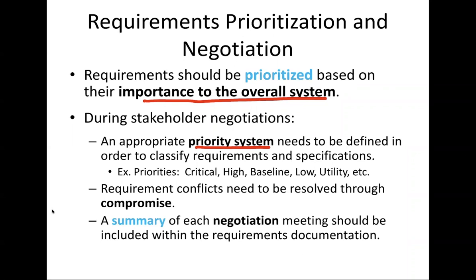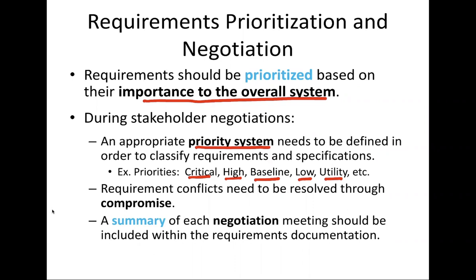You could say my priority level could be either critical or high or baseline, low or utility, and so on. There are different prioritization systems that you could use to assign a priority level to each requirement. And the priority system should be clearly defined even before the conflict detection and resolution, because it helps in resolving those conflicts at later stages.